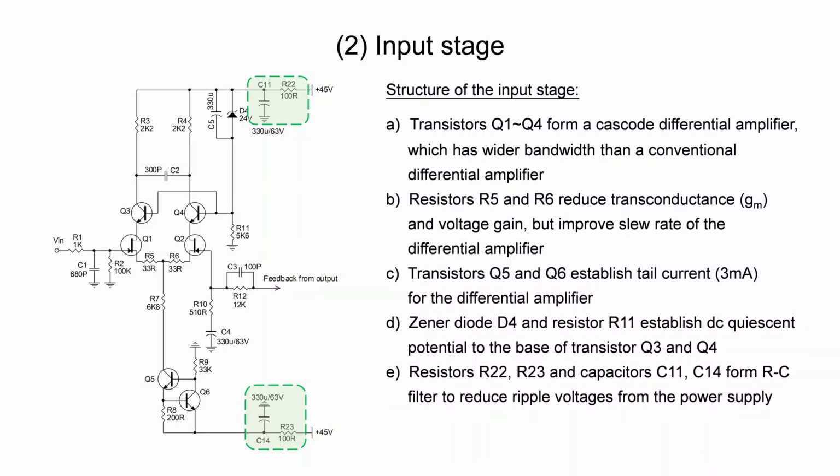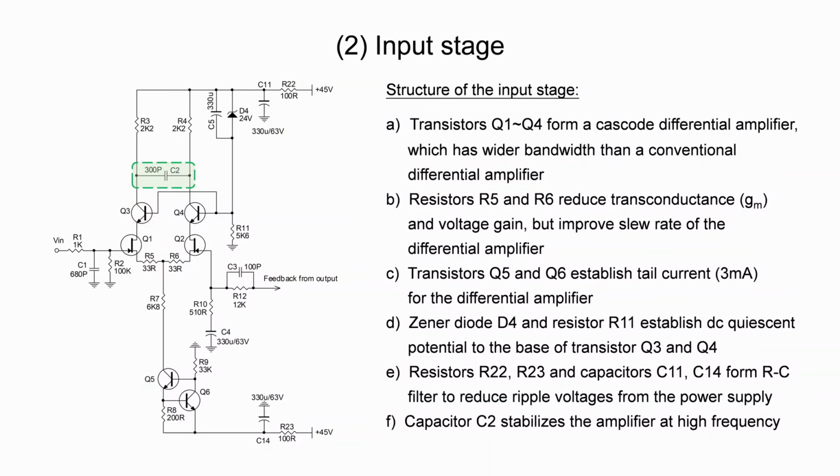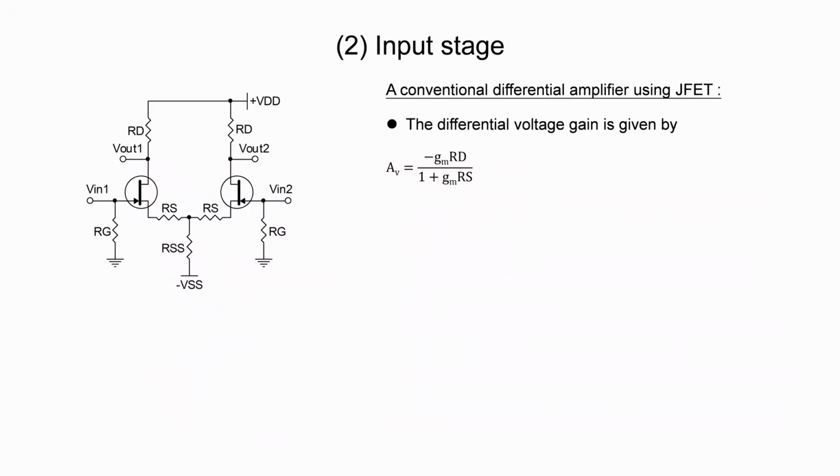Here resistors R22, R23 and capacitors C11, C14 form RC filters so that the input stage sees a cleaner DC power supply with less ripple voltage. Even though the global feedback will eventually help reduce the noise and distortion, it is always a good practice to keep the input stage with as little noise as possible to begin with. C2 is a frequency compensation capacitor that stabilizes the amplifier at high frequency.